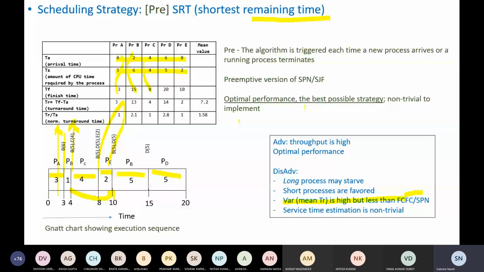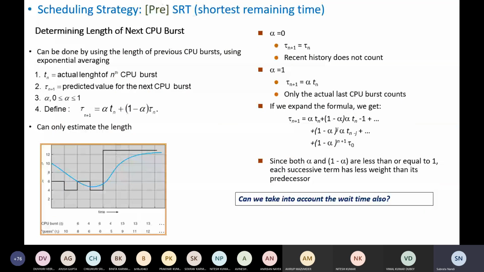So basically we can consider a series of the last service times, assuming that the process is an IO bound process, so it has used CPU multiple times earlier also. So based on that we try to expect that if I schedule it next, how much time it is going to consume. But for a CPU bound process you don't have any idea because it just uses CPU in one burst. So this is one problem.